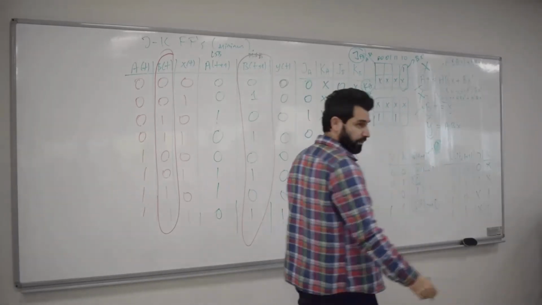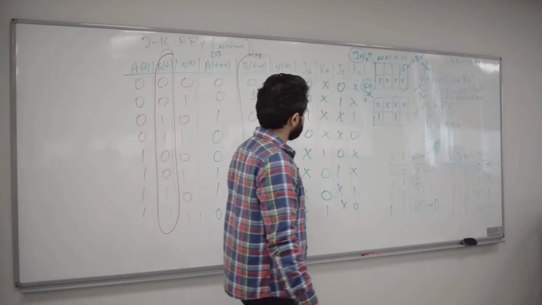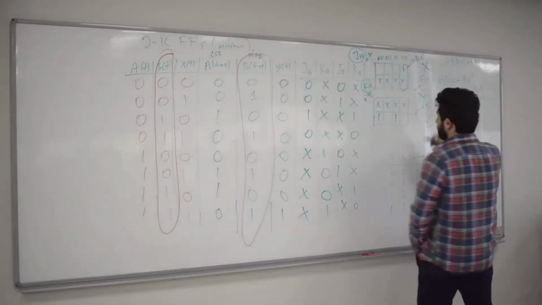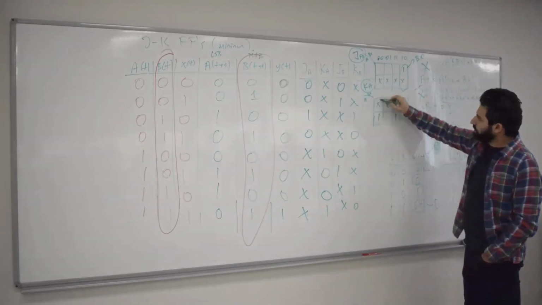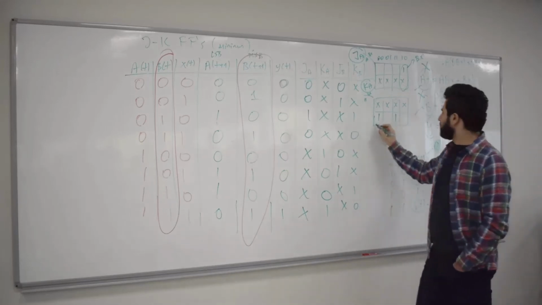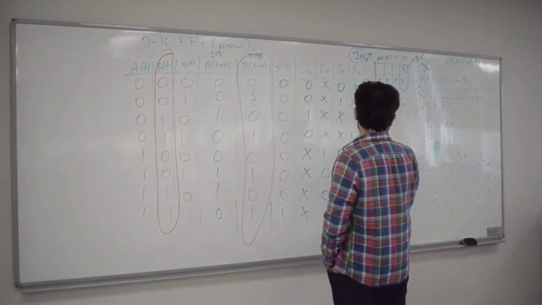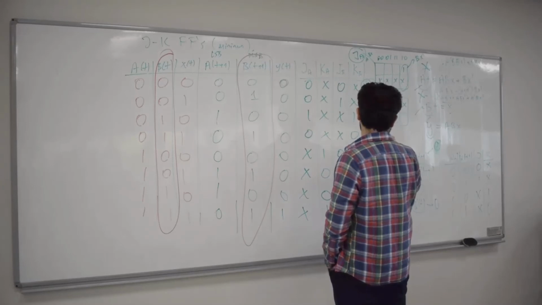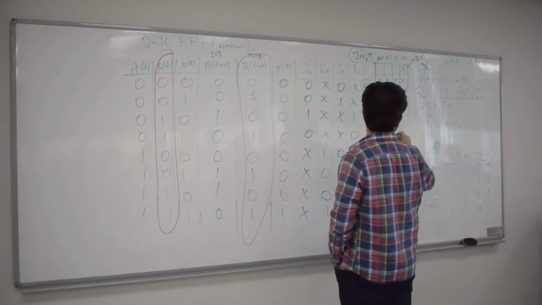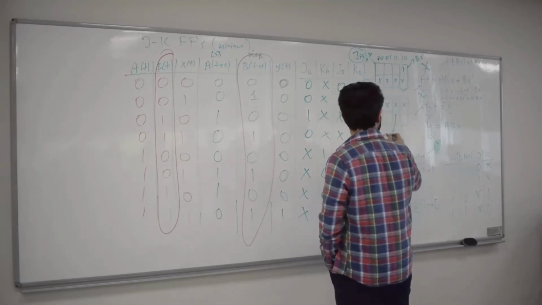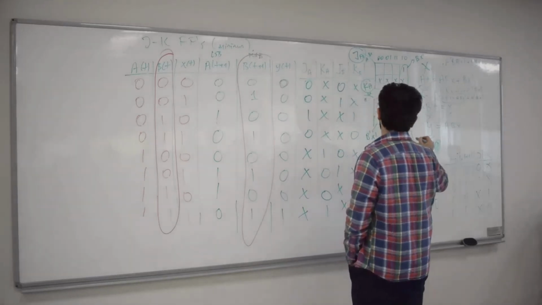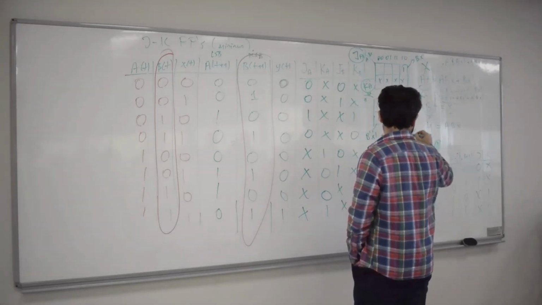Unfortunately, there are 2 separate groups here that you can use. This one corresponds to B prime X prime, and this one corresponds to BX. So you sum them to find KA.